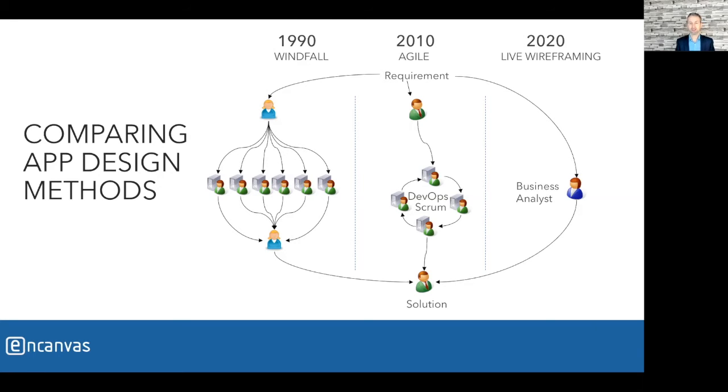How companies have gone about building applications has changed over time. Back in the 90s, it was common to have large project teams because each of the disciplines of a development, the content management, database design, web design, all of these things required a separate specialist.